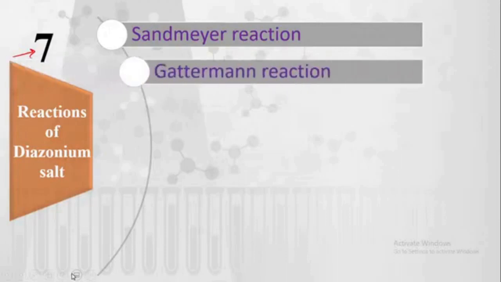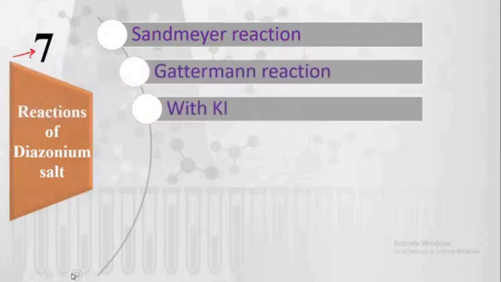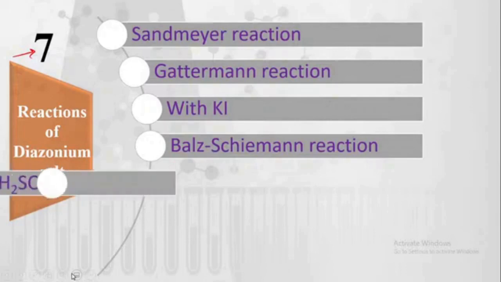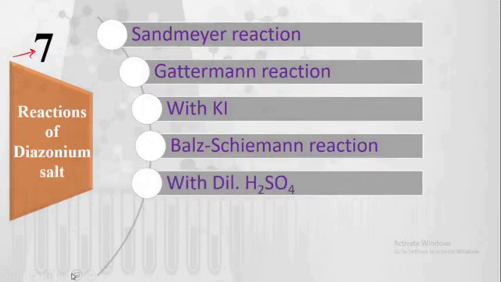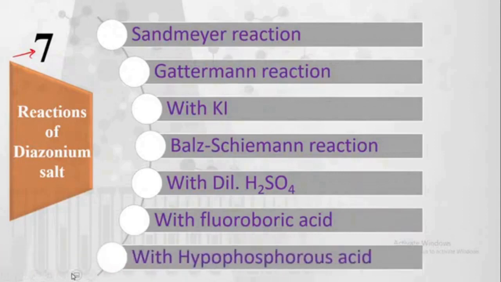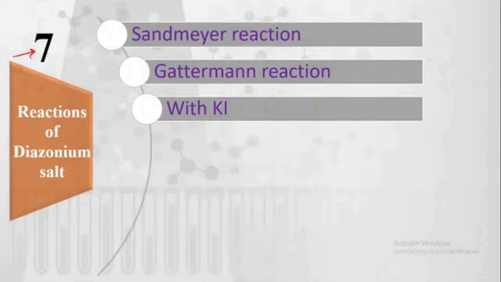The second one is the Gattermann reaction, then the reaction with potassium iodide, then the Balz-Schiemann reaction, which is used to form the fluorine-substituted fluorobenzene. Then dilute H2SO4 with fluoroboric acid, and at the last we'll see the reaction with hypophosphorus acid. So one by one we will see these reactions.